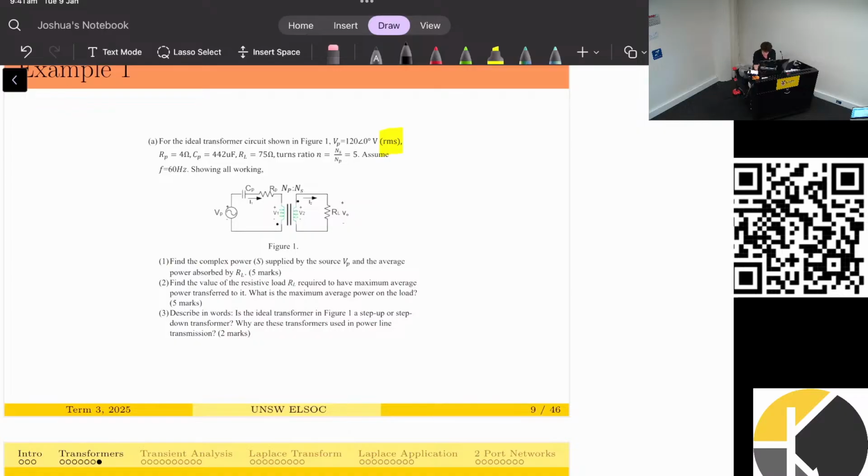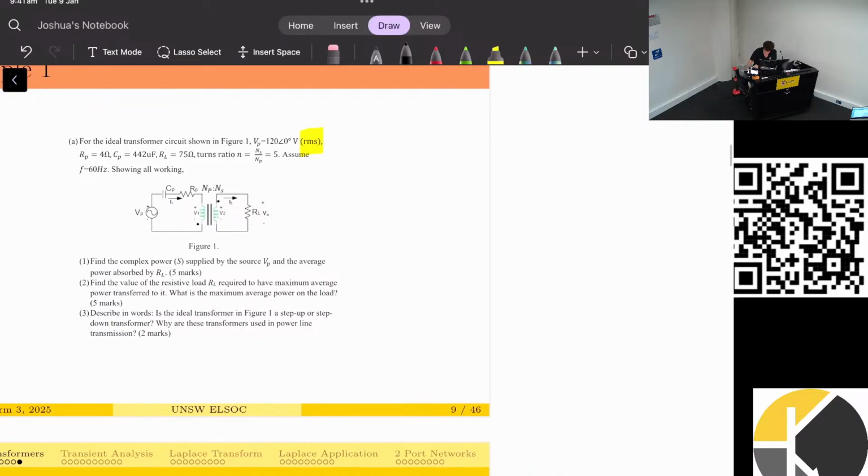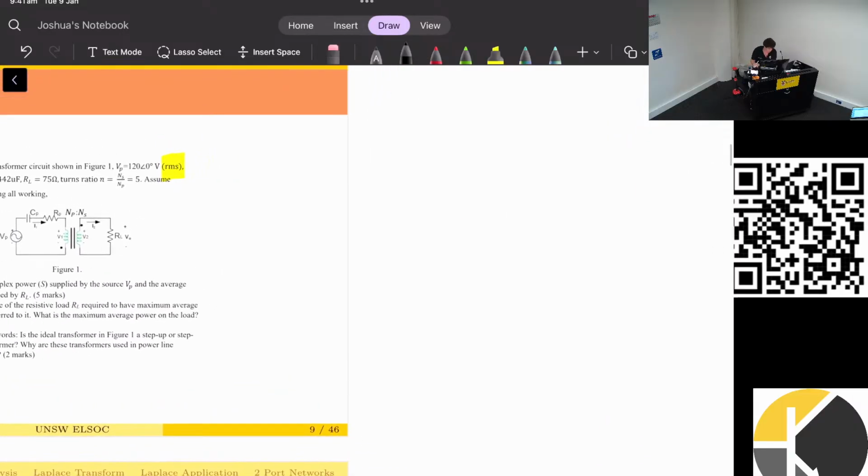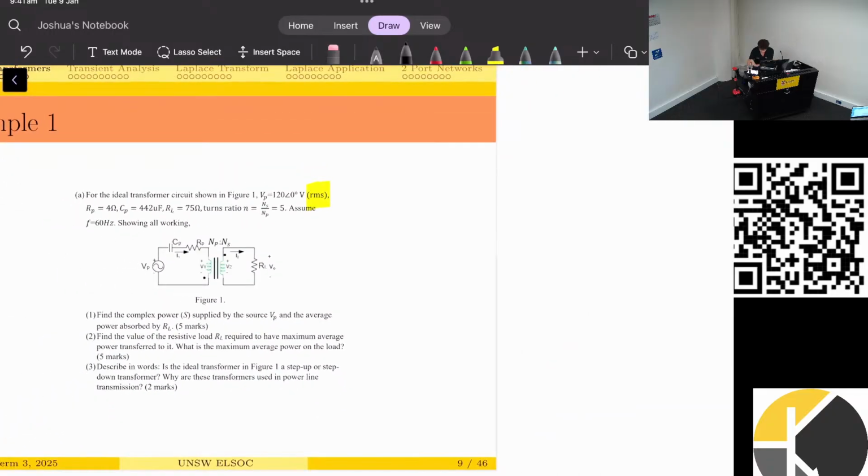There are really two parts to this question, but let me start by drawing out this circuit. They give us Vp, which is just 120 angle 0.